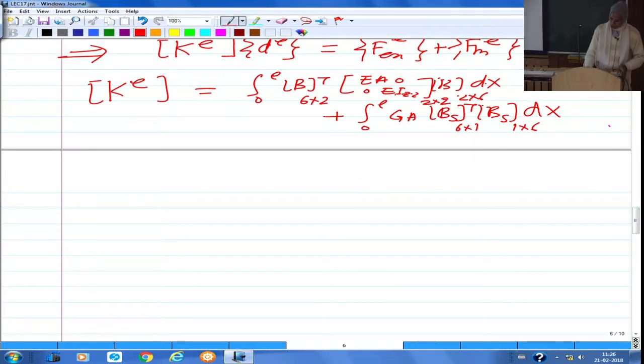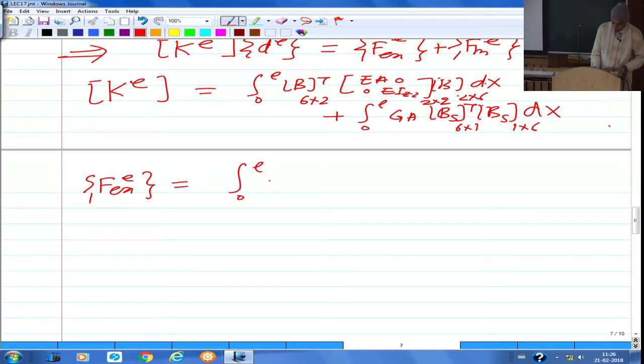Assuming that let us say EA, EI, ZZ and GA are constant within the element, you should work out what is finally the stiffness matrix after all the multiplications and integrations. So this is the exercise I give you as home assignment, so please work that out. Similarly, F external is equal to integration 0 to L, and you have this H transpose and Qx Qy 0 dx.